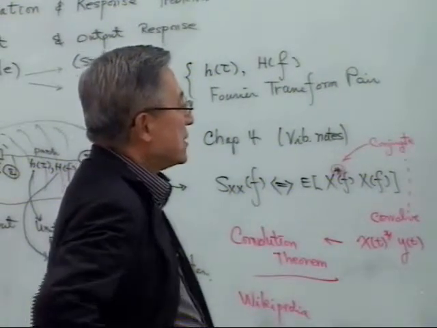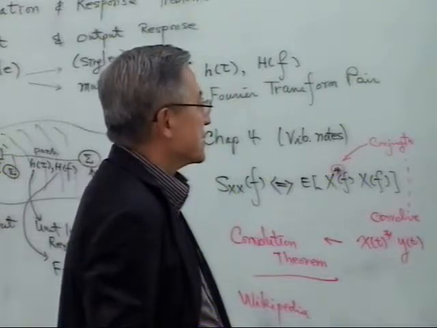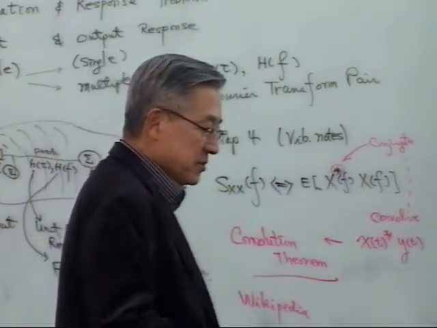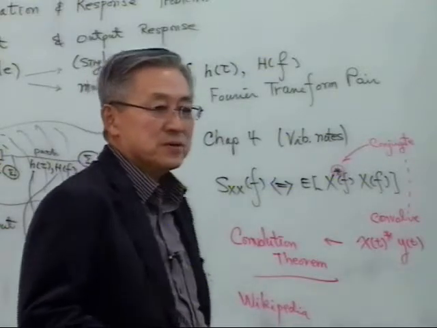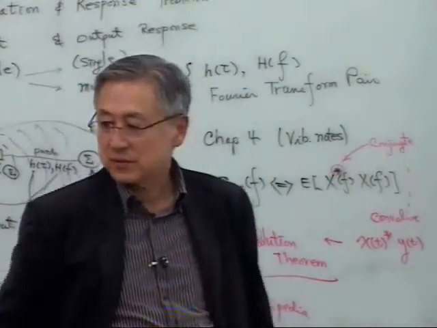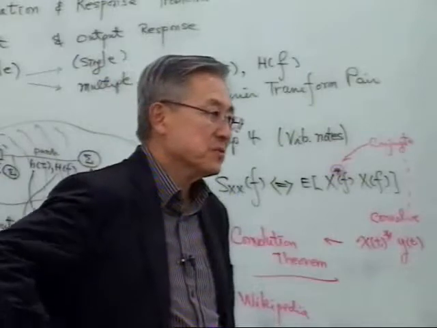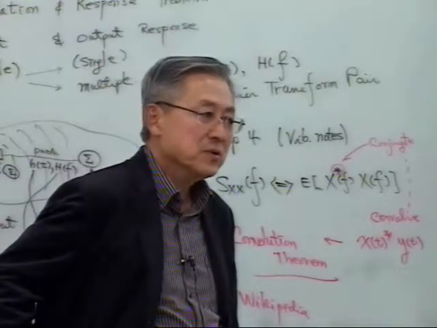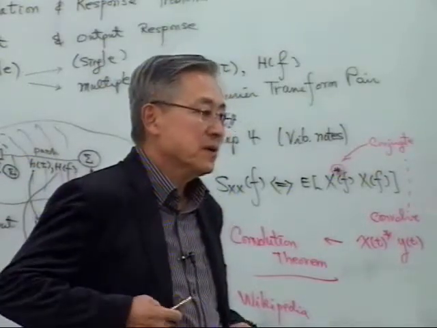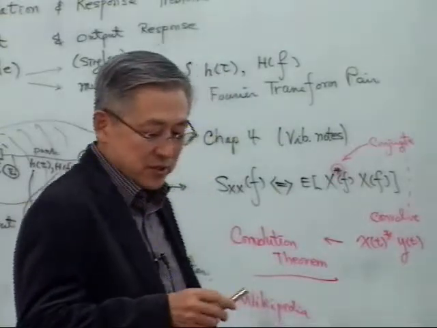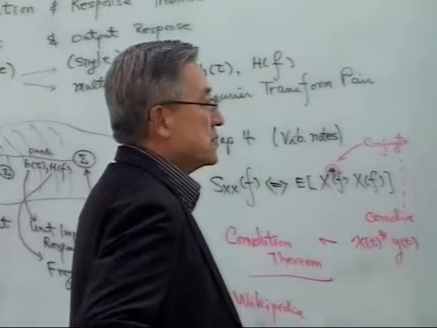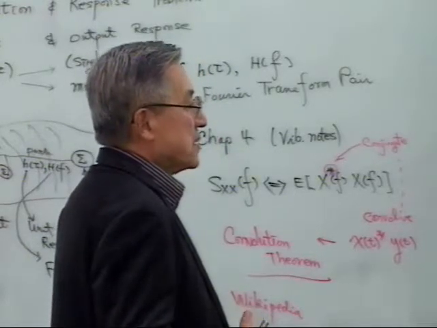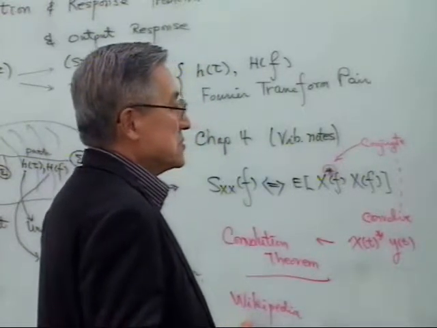So this page is kind of independent of chapter 4, but you need this. The convolution theorem is what you need before we go into chapter 4 and digest all the equations that I put in.